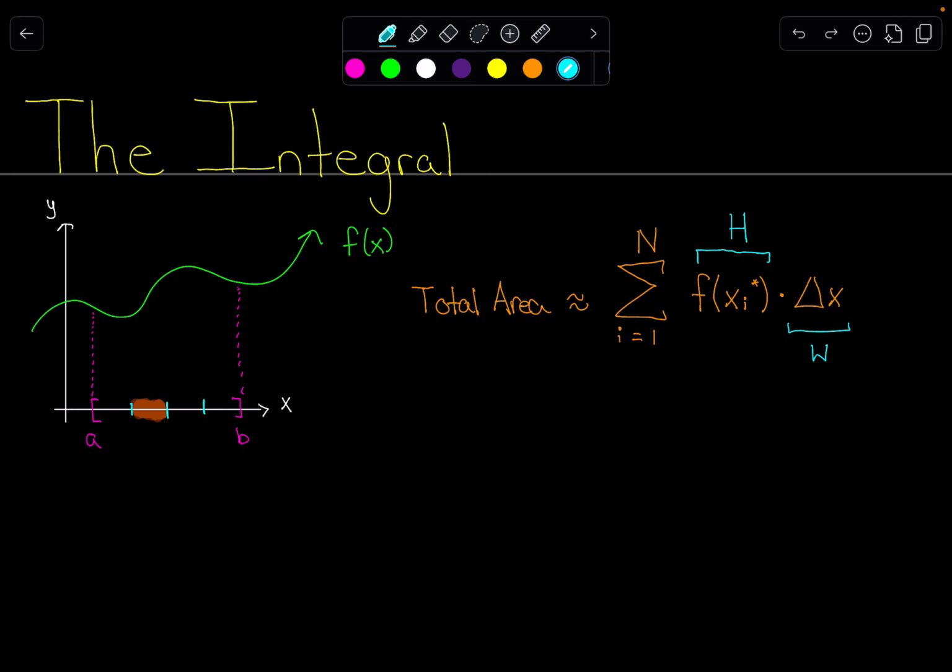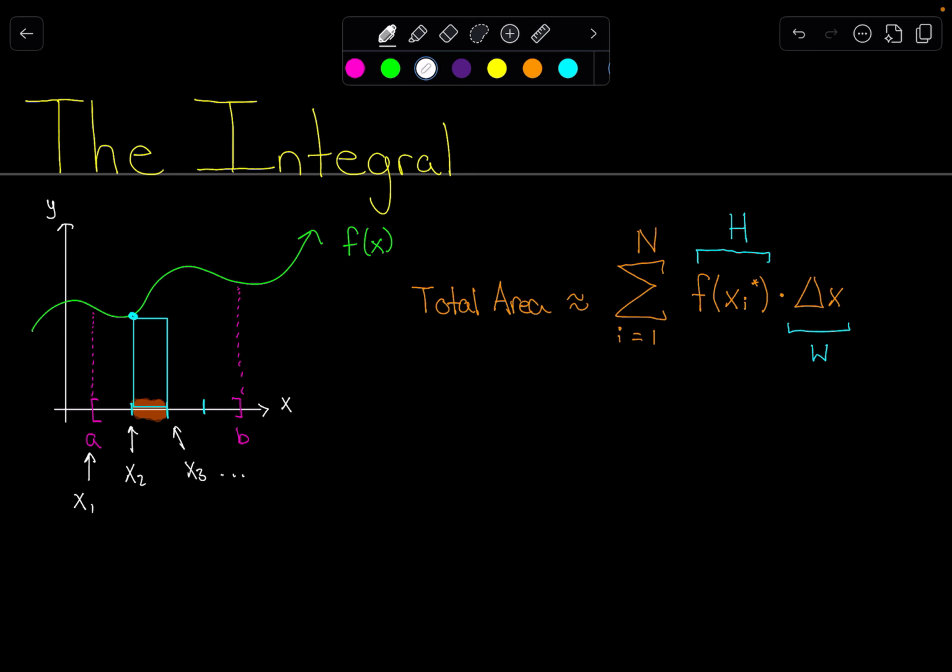So maybe I'll use the left endpoint just for the sake of illustration. We get this rectangle right here, and we ask ourselves, what is the height? Well, if we're using the left endpoint method, then this would be our first x value, and this would be our second x value, and then the next one over would be our third x value, dot, dot, dot.